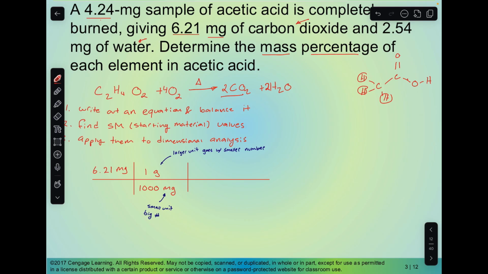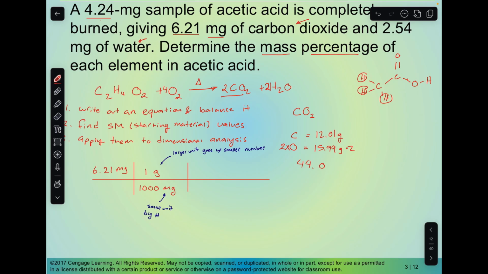So 1 gram, and then we will use the molar mass. So carbon dioxide, carbon is 12.01 grams. Oxygen, we will multiply 15.99 grams times 2. And then we will add those together, and we end up getting 44.0.